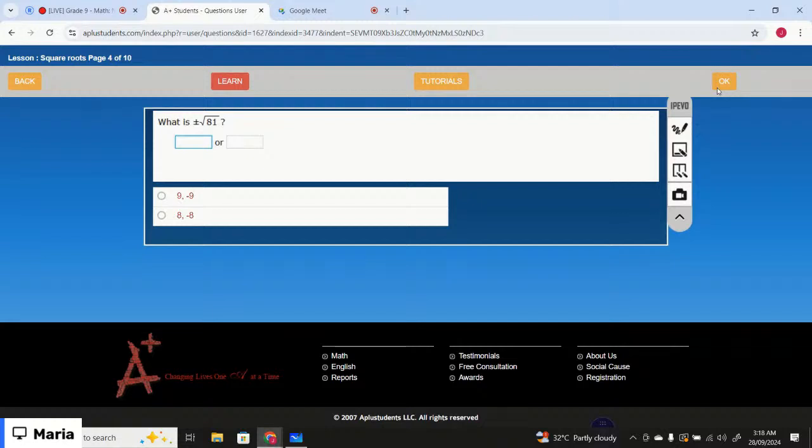What is plus minus square root 81? So which is the correct option?